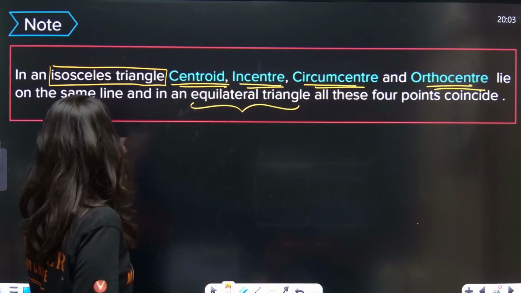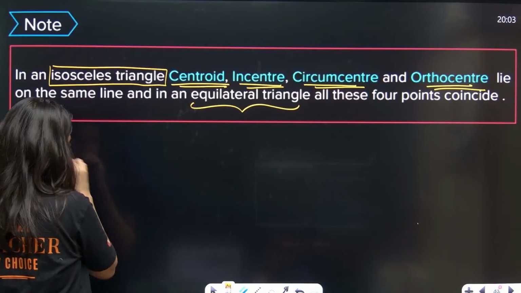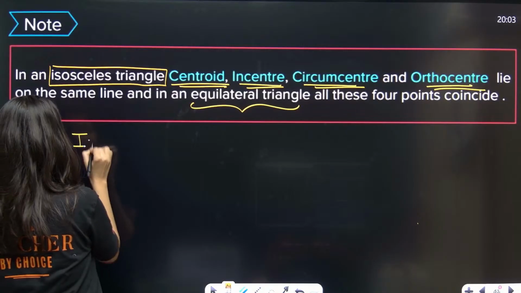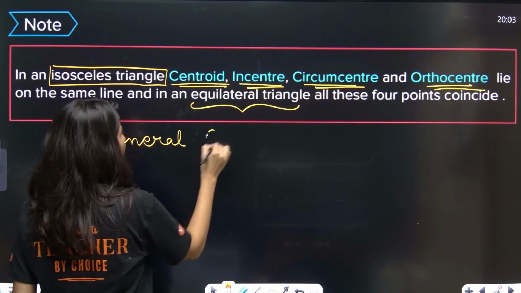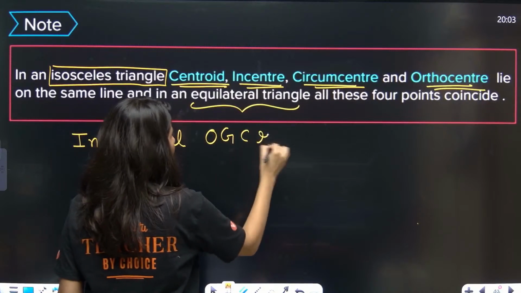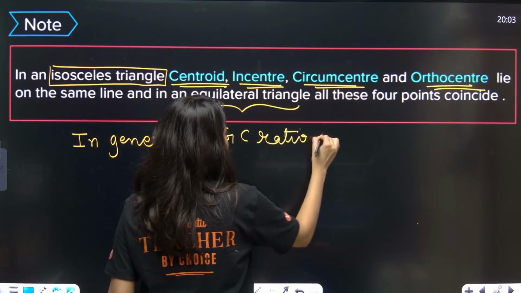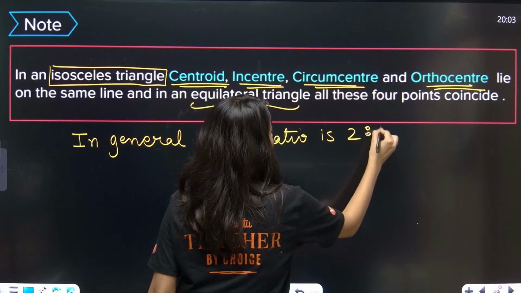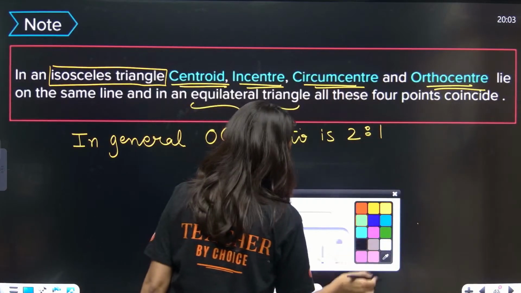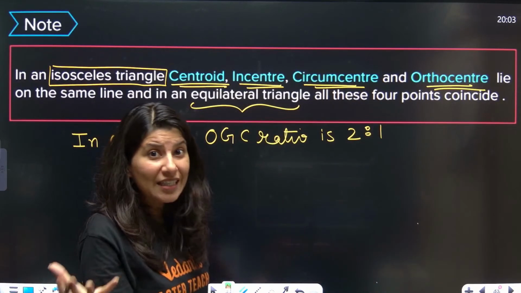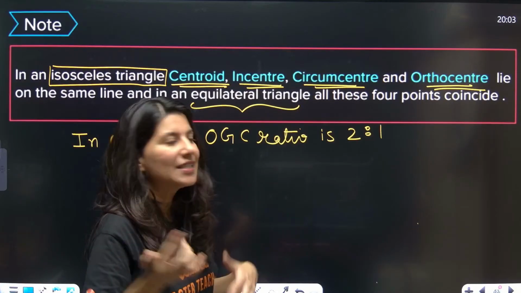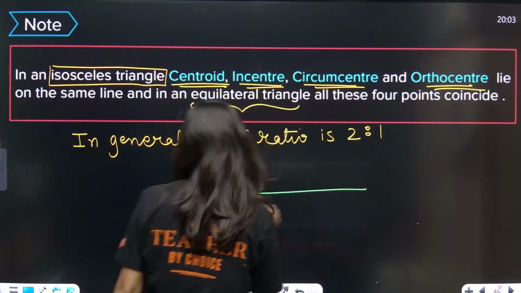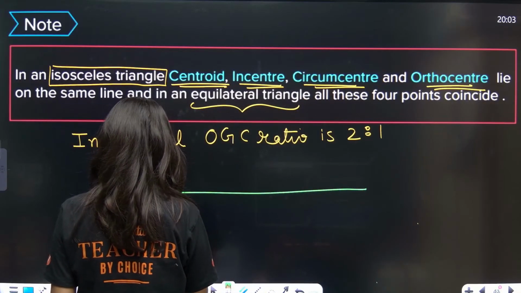Yes or no? Okay, one more very important thing. In general, the OGC ratio is 2:1. Now, what is the OGC ratio? OG, such a Gen Z term, OGC. O over here is orthocenter.